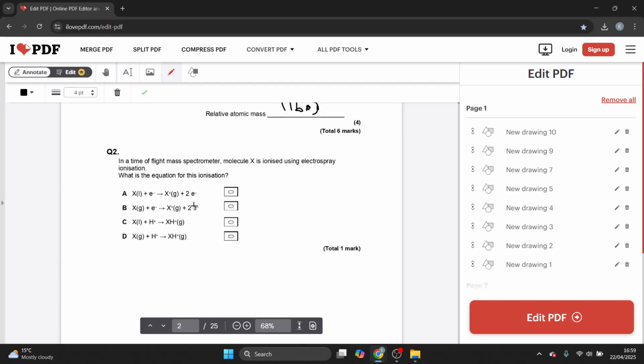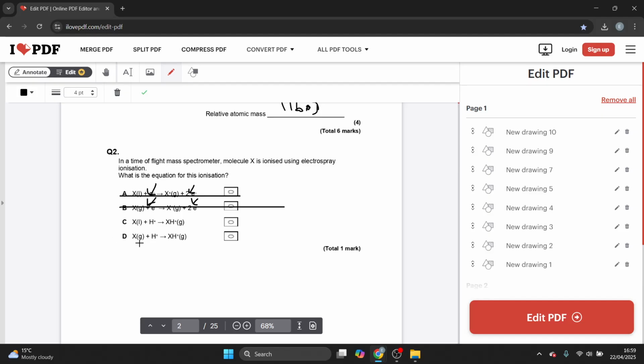In a time of flight mass spectrometer, molecule X is ionized using electron impact ionization. What is the equation for this ionization? Now I can already eliminate A and B, 2 electrons, that was an immediate giveaway, but also why would I add electrons?